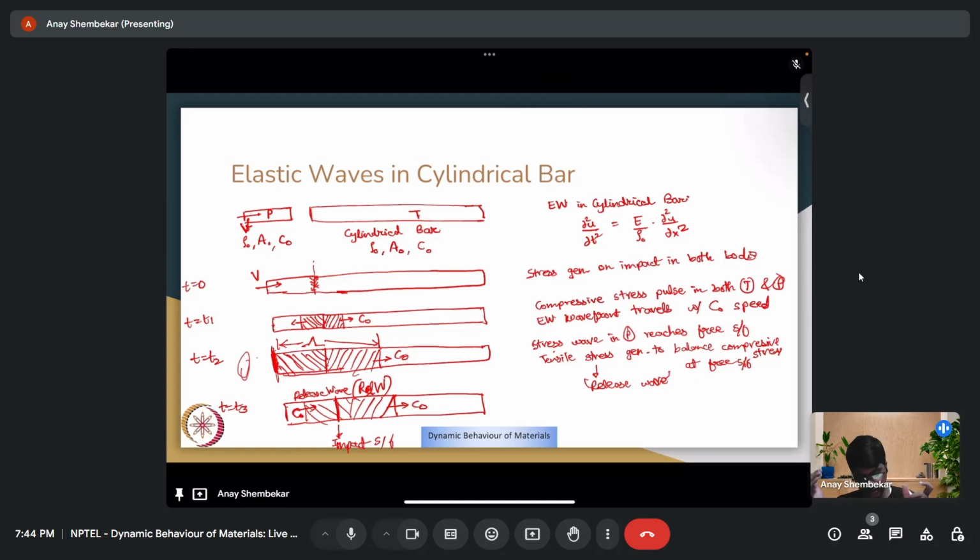So this creates that packet, that basically creates my wavelength of the total system. So I get my wavelength of the system as twice of LP, where LP is the length of the projectile.